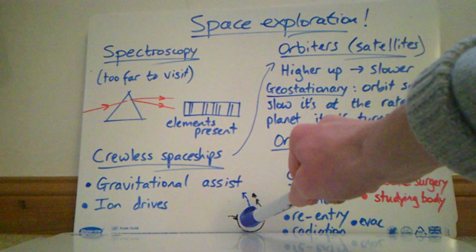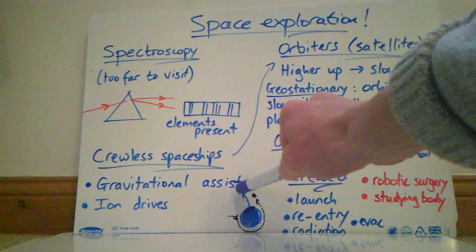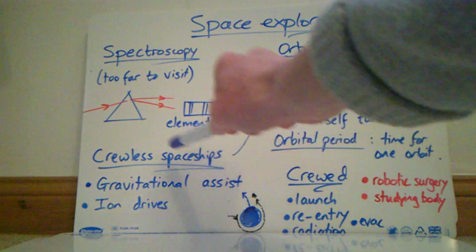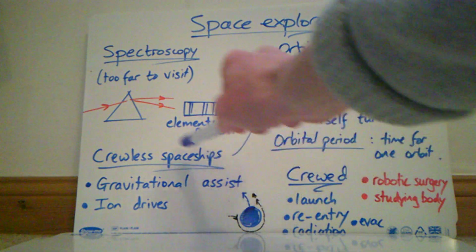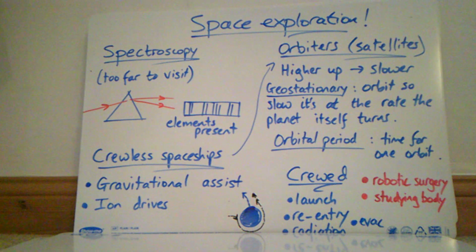So here's a planet. The planet is going round in its orbit around the sun at some orbital speed. Because it's got orbital speed, it's got kinetic energy.